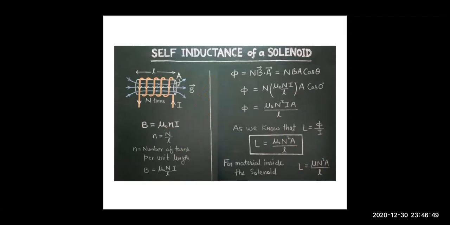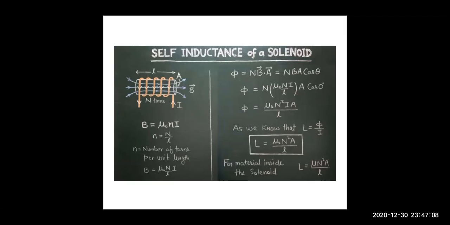So self-inductance is the property of the solenoid to oppose the change in the flow of current through it. It does not depend upon the current that is flowing through the conductor.